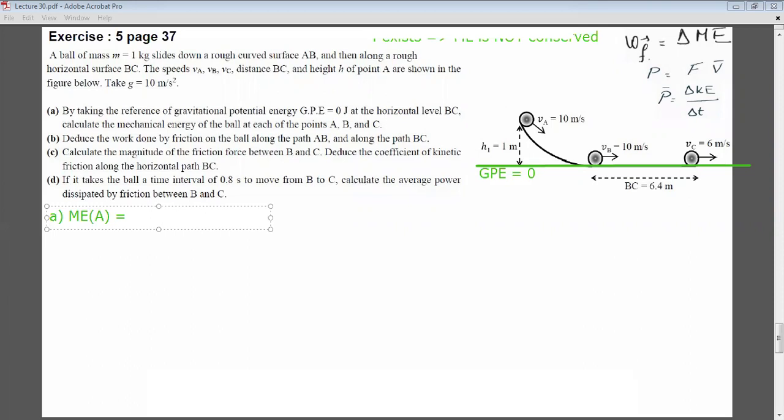What do we have at point A? It has velocity, so it has kinetic energy, right? And it has altitude, so it has GPE. So this is equal to half m VA square plus mgh.